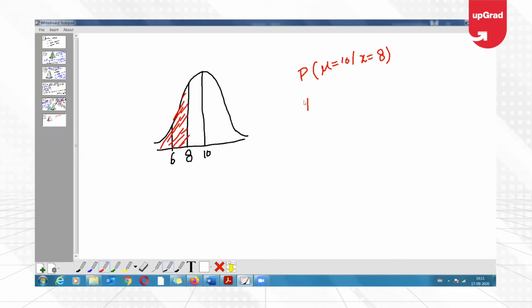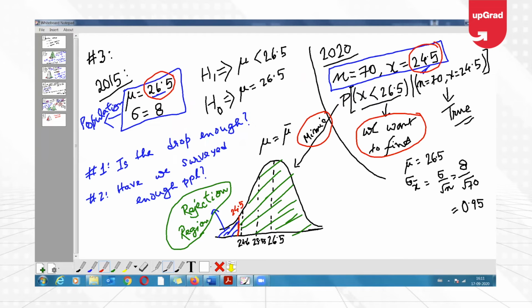And the chance of mu being 10 if I pick a random sample which is 6? In this case, the chance is higher because these two points are closer, and a closer point means a higher rejection region. The lower rejection region indicates that the chances will be very, very low. How low? Let's figure out.